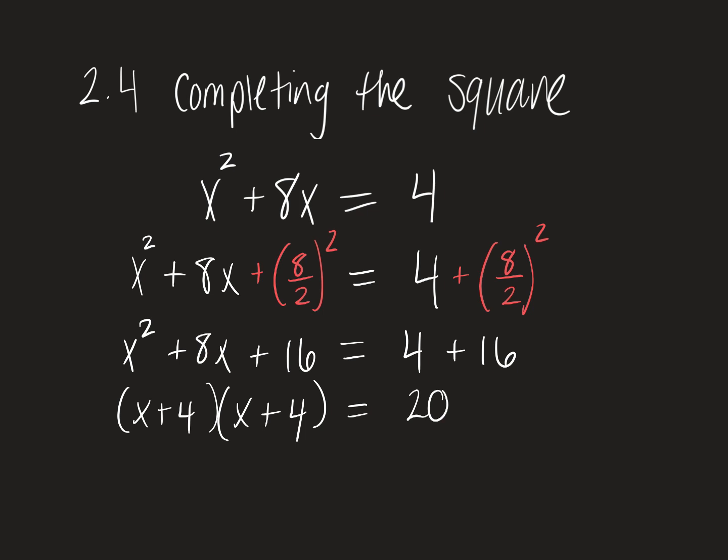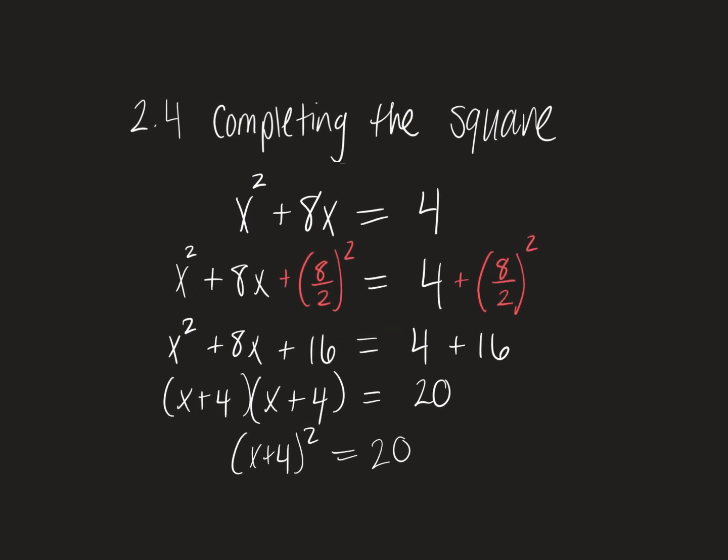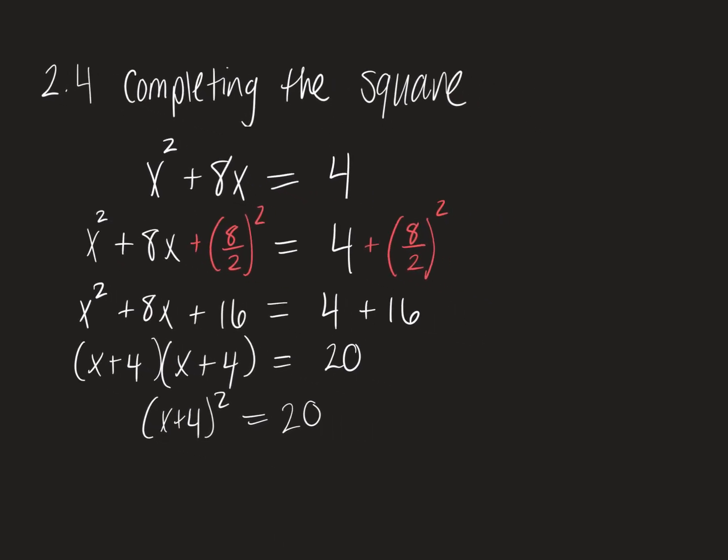X squared plus... no, x plus 4 squared. Because now we can use extracting roots to solve it. Okay. So now I'm going to rewrite that over here just so I have more room, okay?